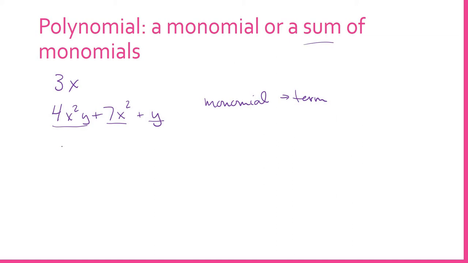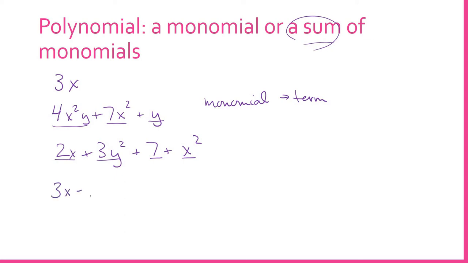So tell me how many terms are in this polynomial: 2x plus 3y squared plus 7 plus x squared. Good, there's 4. 1, 2, 3, 4, all added together, the sum of monomials.